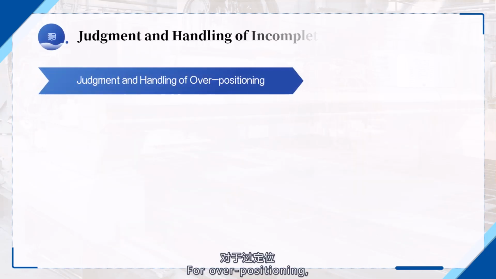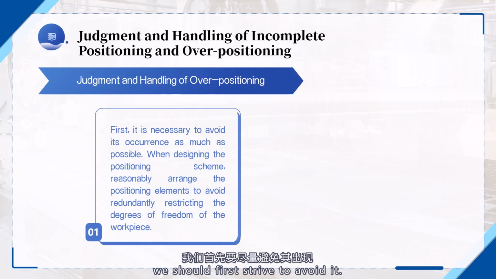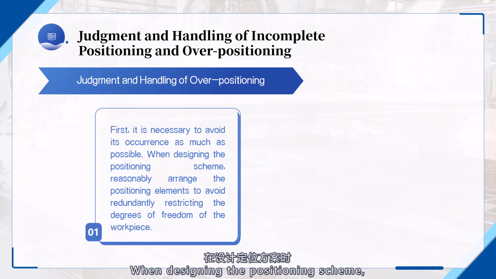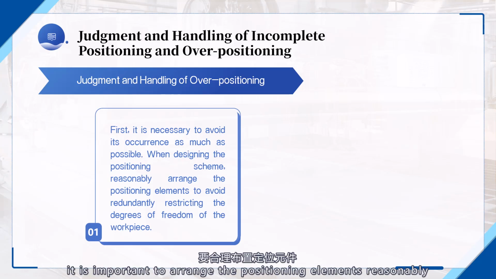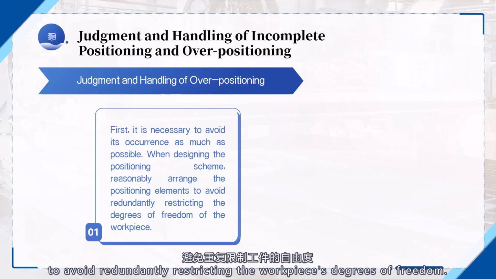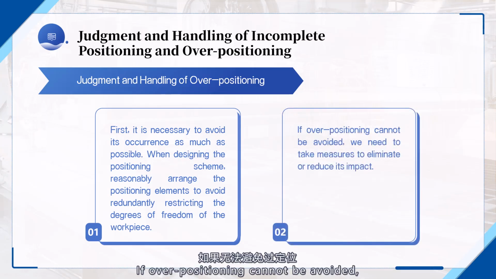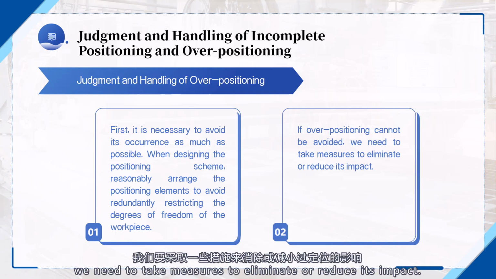For over-positioning, we should first strive to avoid it. When designing the positioning scheme, it is important to arrange the positioning elements reasonably to avoid redundantly restricting the workpiece's degrees of freedom. If over-positioning cannot be avoided, we need to take measures to eliminate or reduce its impact.